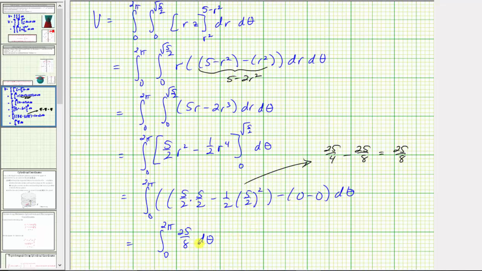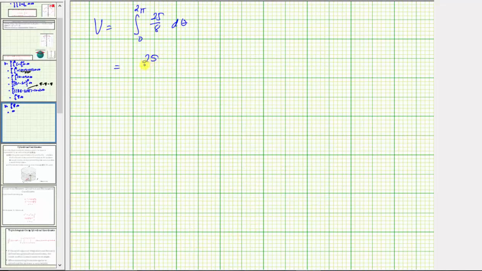Let's continue on the next slide. The antiderivative is 25 eighths theta, which is equal to 25 eighths times 2 pi minus 0, which is just 25 eighths times 2 pi. Simplifying, the 2 and the 8 reduce to 1 and 4.